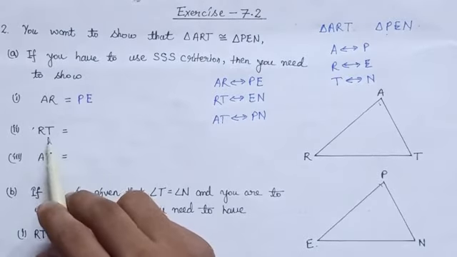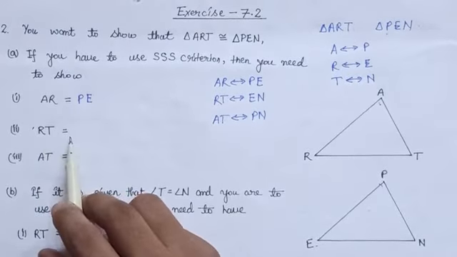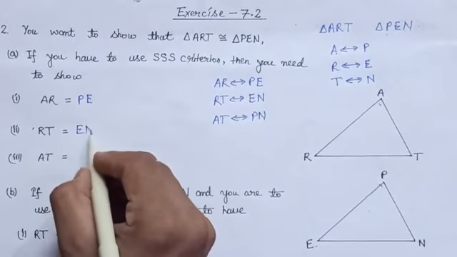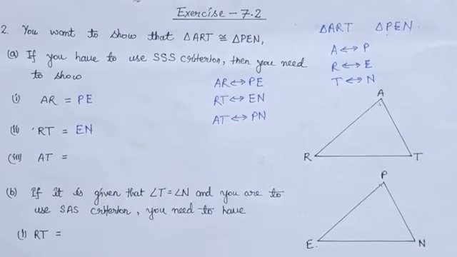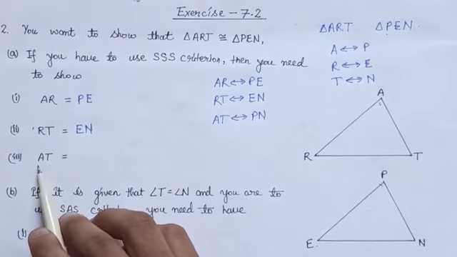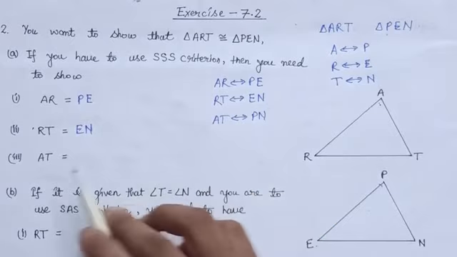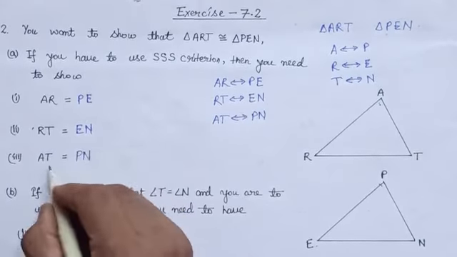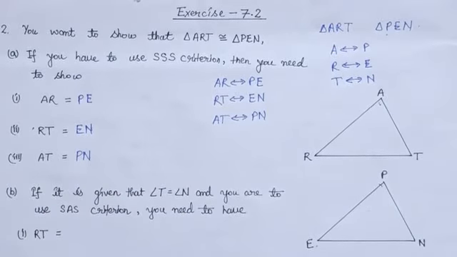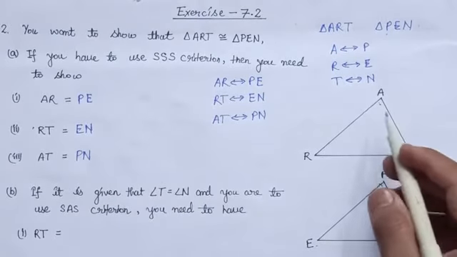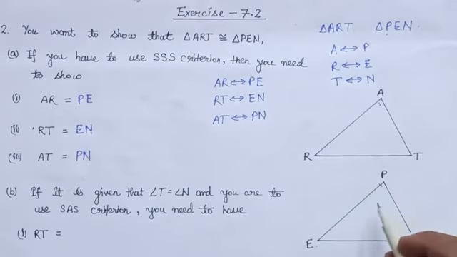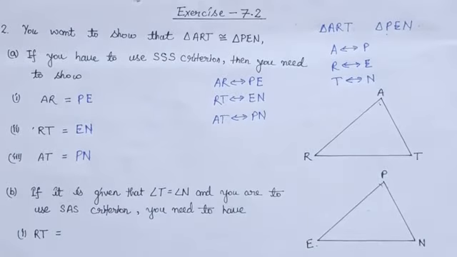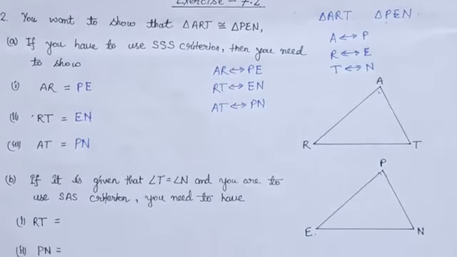In the same way, the side RT is equal to its corresponding side EN. Hence RT is equal to EN. And lastly, the side AT is equal to the corresponding side PN. So we have AT equals PN. This is the required condition in order to show the triangle ART is congruent to the triangle PEN by triple S criterion. Okay.